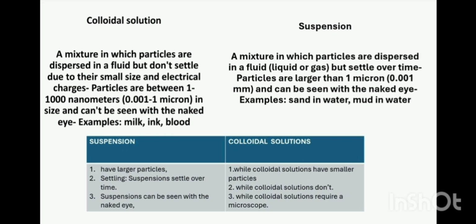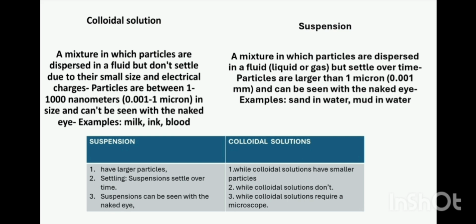The particles are between 1 to 1000 nanometer and cannot be seen with our naked eyes. Whereas in suspension, the particle sizes are very big, larger than 1 micron, so they settle over time and can be seen with our naked eyes. Examples of colloidal solution: milk, ink and blood. Whereas examples of suspension are sand in water and mud in water.